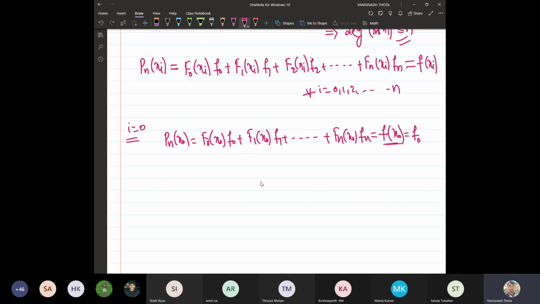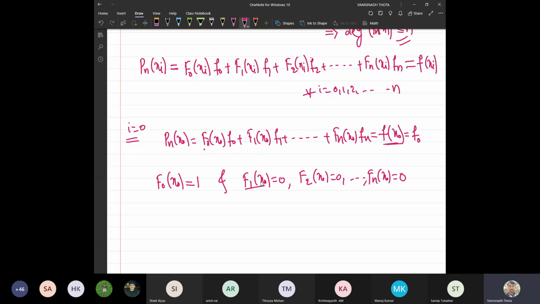Now you compare both sides, the left hand side and the right hand side. So if we assume that F0 at x0 is equal to 1 and F1 at x0 is equal to 0, F2 at x0 is equal to 0 and so on, Fn at x0 is equal to 0, this is a polynomial at x0 which I am assuming should be 0, and this is also 0, and similarly the polynomial Fn at x0 is 0.